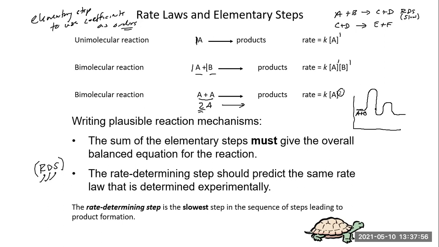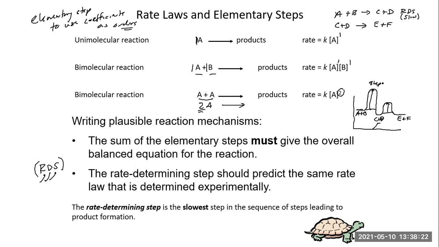The first hill it has to climb is this first step in order to form our C plus D, which is our intermediates here. So the first step is this one here, with the bigger energy barrier. Once that step's over, the next step can happen here, where it then goes to our products, which would be E plus F. So this is what you could look at in a mechanism energy diagram.